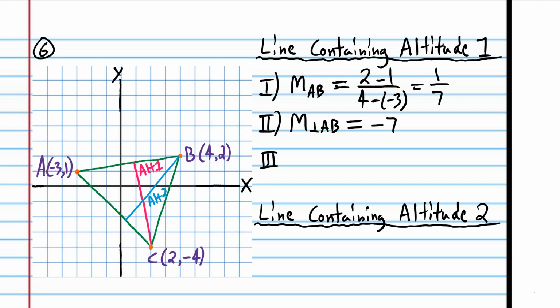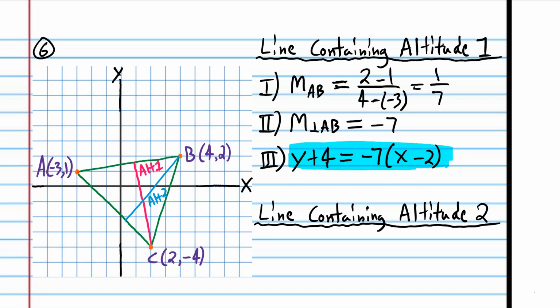And then we're going to write the equation of the line, and the pink line contains point C, so we just write y plus 4 is equal to negative 7 times x minus 2. And that is the equation of the line containing altitude 1.